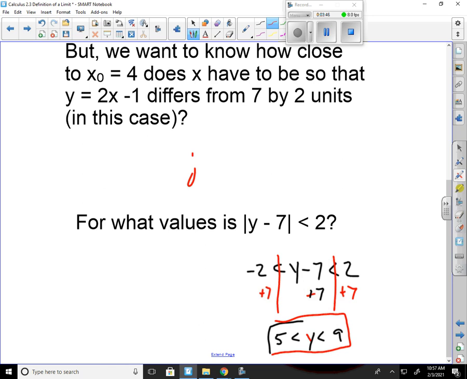So if I want my y to differ from 7 by 2 units, or within 2 units, then that needs to be between 5 and 9.